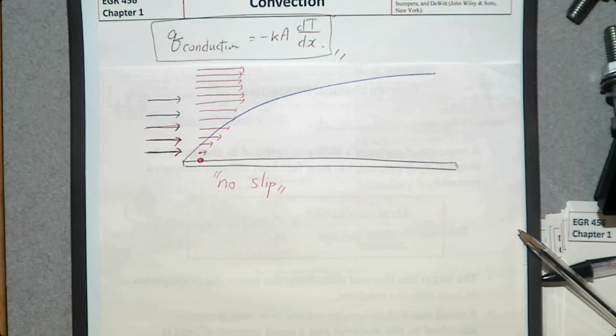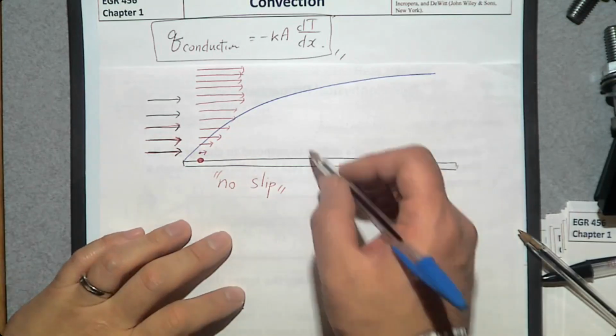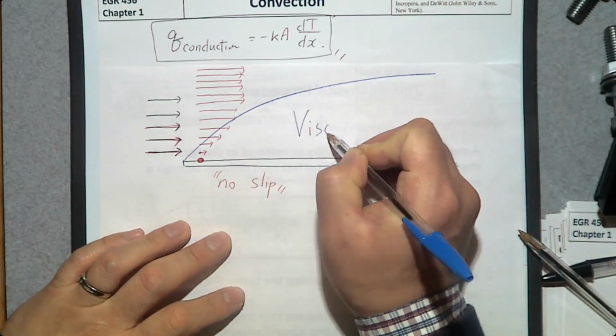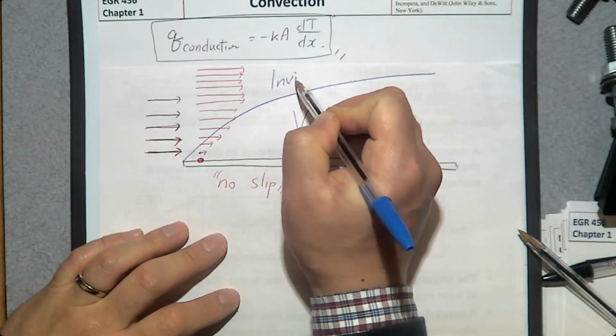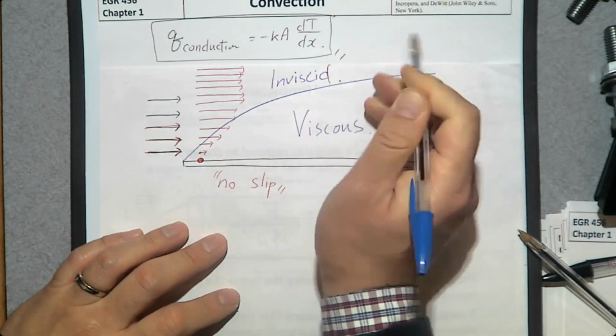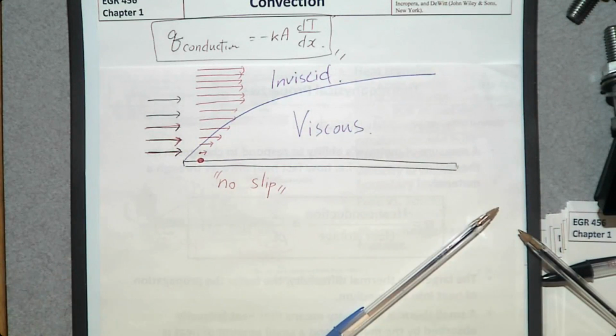So those particles in the boundary layer are slowed. The velocities of the particles within the boundary layer are slower than outside the boundary layer. So here is called viscous flow, and outside is called inviscid flow. By the way, this is fluid mechanics. I haven't talked about heat transfer yet.